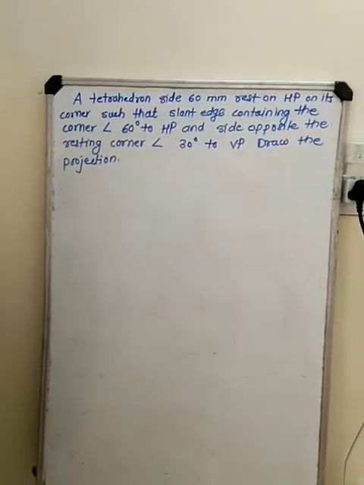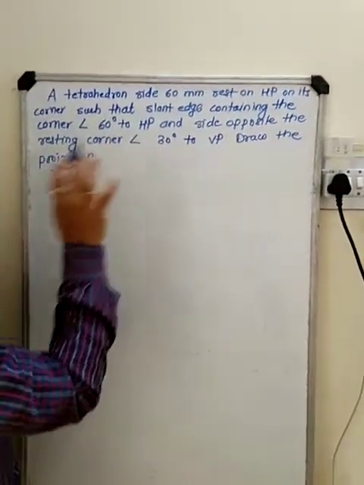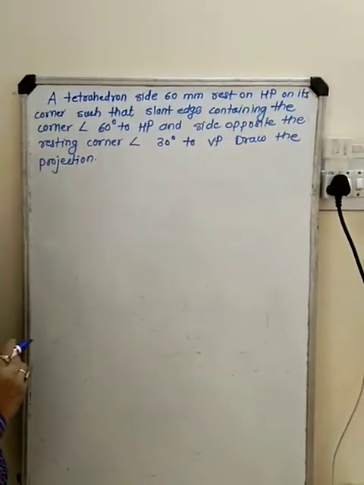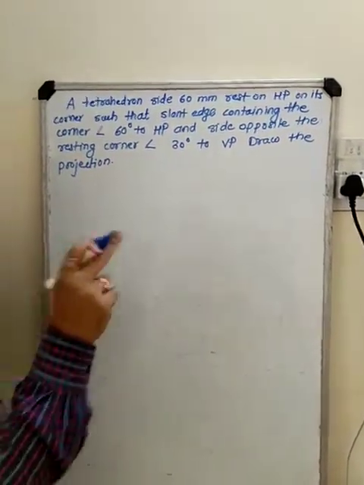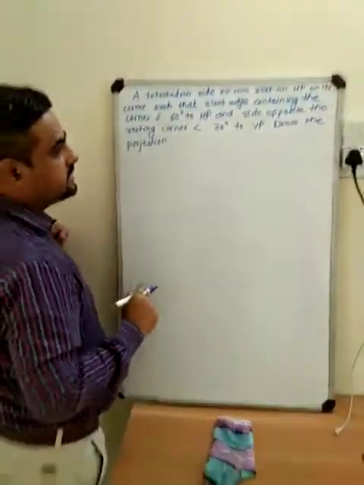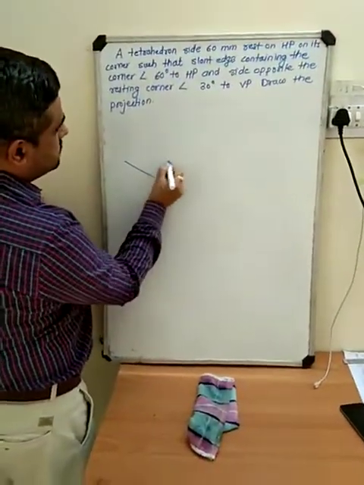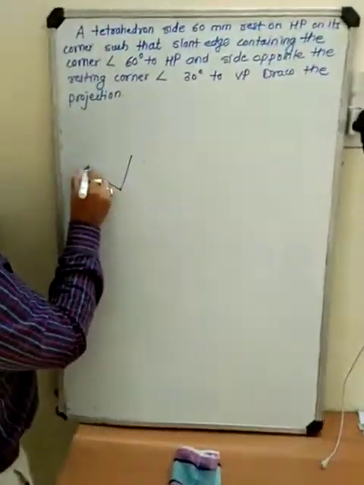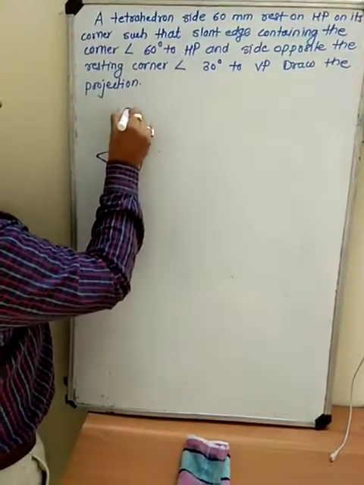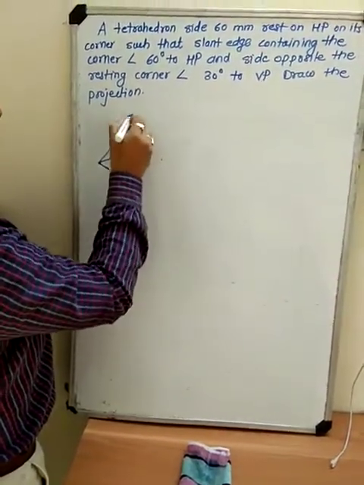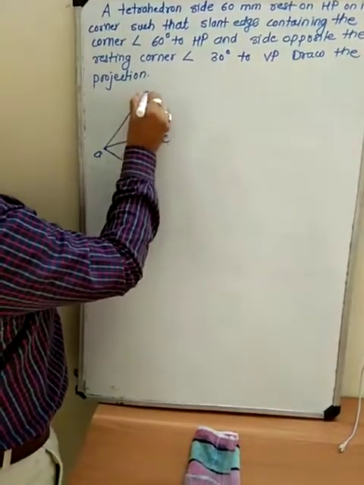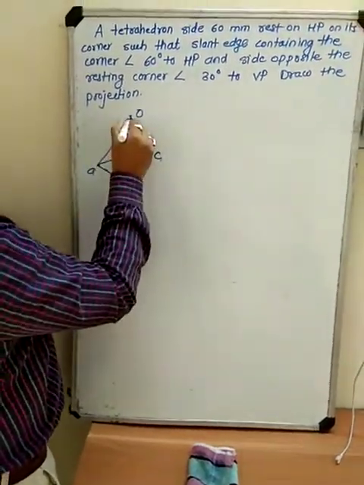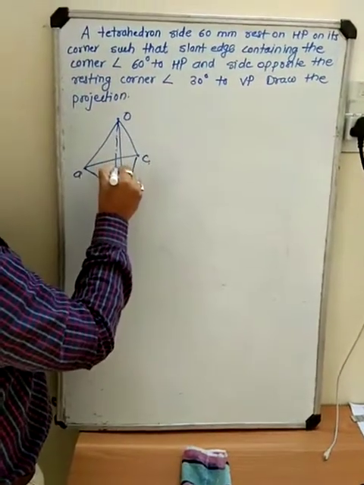First of all you will have to understand what the solid is. A tetrahedron is an equilateral triangular pyramid where all the faces are of equal size. That means this is the solid. A, B, C is the base and O is the apex, and this is your axis.